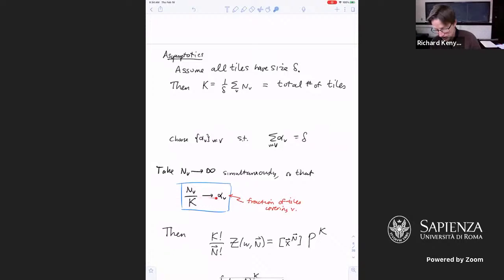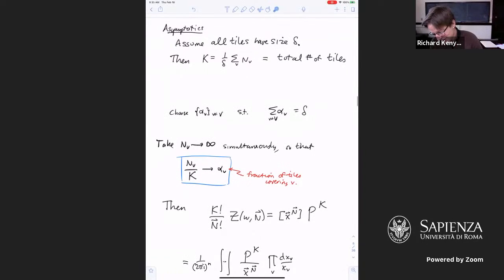We want this ratio to tend to a constant alpha v. So the alpha v's are just some positive real numbers associated to the vertices, which sum over all the vertices to delta. That's the natural condition on the alphas. So this is the way in which we're going to take a limit.